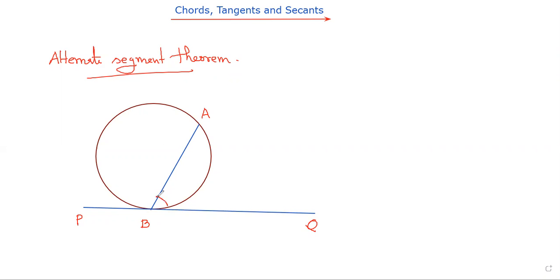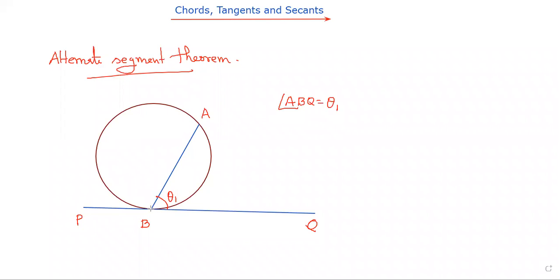Let me consider this angle is theta 1, meaning I have said ABQ is theta 1. Then the angle formed by the chord and the tangent would be equal to the angle formed by the chord in the other part of the circle. What is the other part of the circle? Let me draw this one.